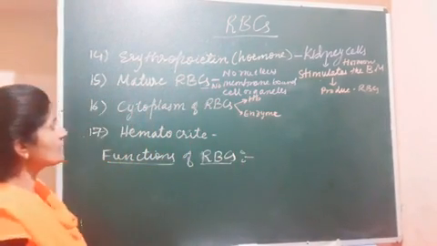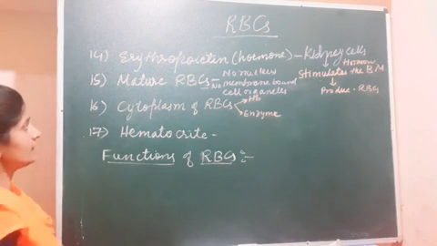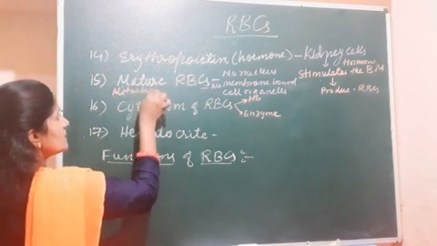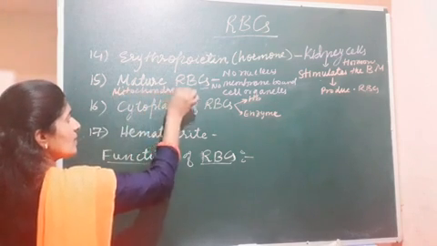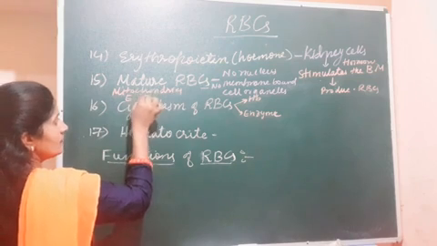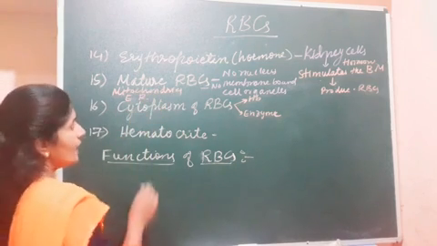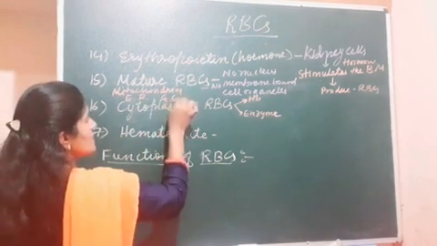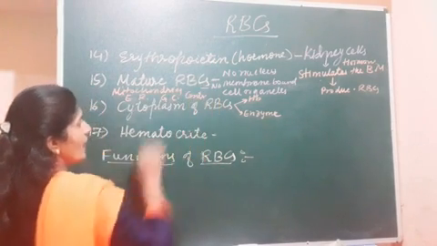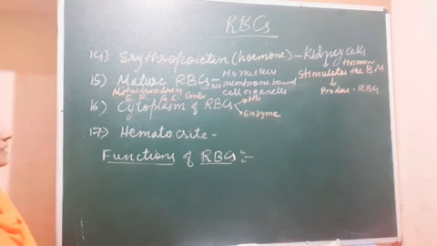Which membrane bound cell organelles? Like mitochondria, endoplasmic reticulum, ER, Golgi complex, and centrioles. These are all absent in the RBCs.